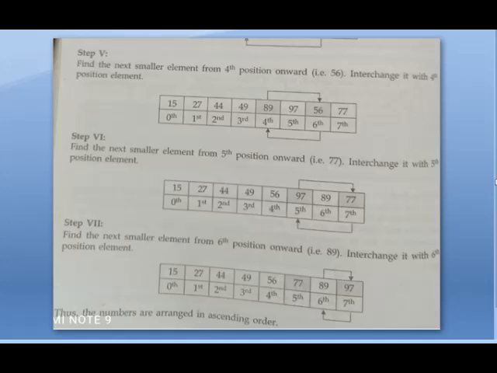The next one is bubble sort. Bubble sort is the lengthiest process. First we have to look at the adjacent cells only. If the nearby cell is smaller than the first position, we have to interchange. Next we take the first and second, then second and third.